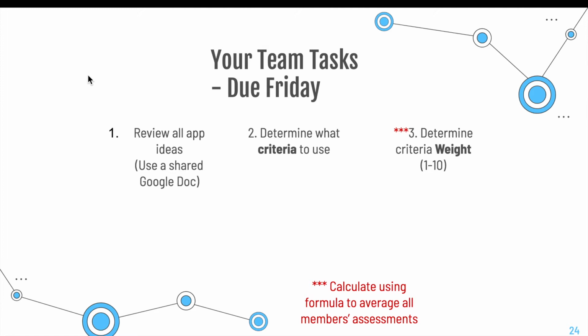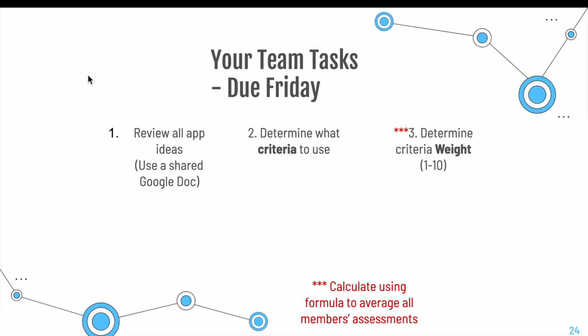Once you decided on what criteria to use, you determine for each criteria what is the weight. 1 being the least important, 10 being the most important. Obviously, you want to select the 4 criteria that are more important and eliminate the ones that are not that important. So they should be at least 5 and above, I would say, in terms of criteria range.